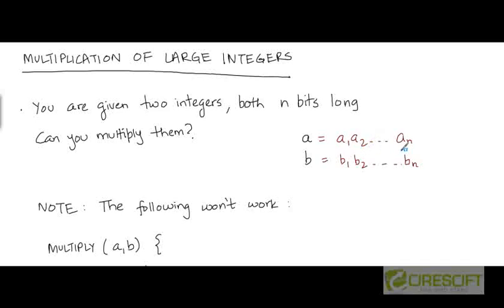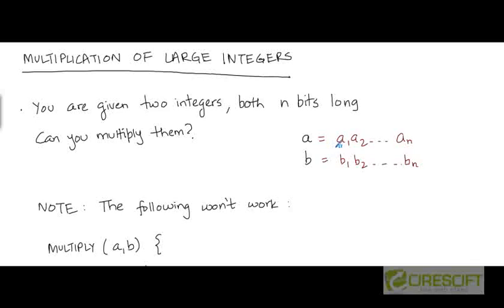Now, if the number of bits, that is n, is small enough, let's say it's smaller than 16, then you can straight away multiply these two numbers by using the built-in multiplication operation in the programming language that you use.